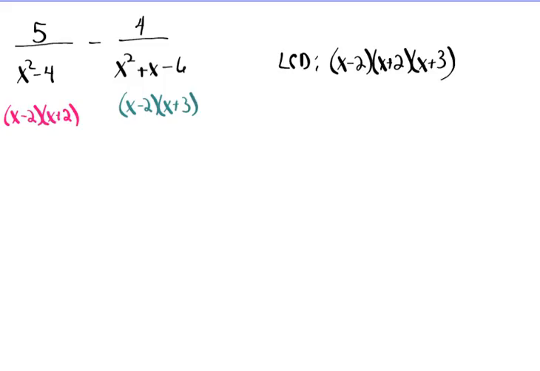All right, now, what is it that I've got to multiply the 5 by? Well, the 5 is going to be multiplied by x plus 3. The 4 is going to be multiplied by x plus 2. And all of that is all over my least common denominator.